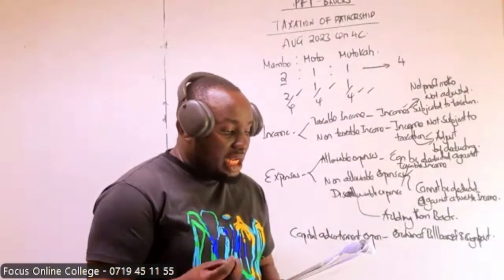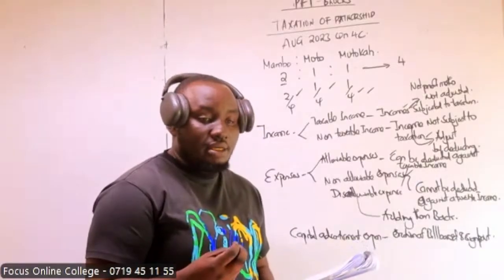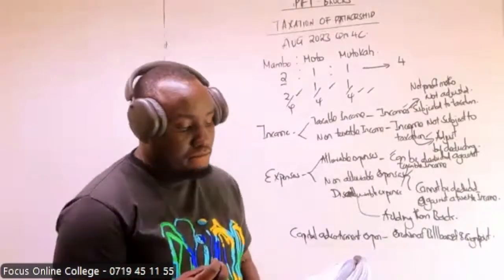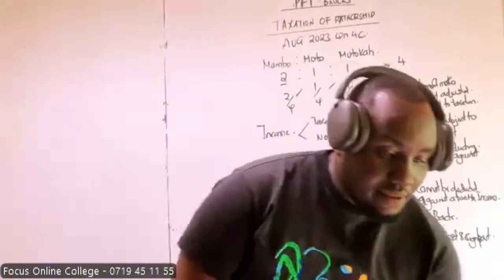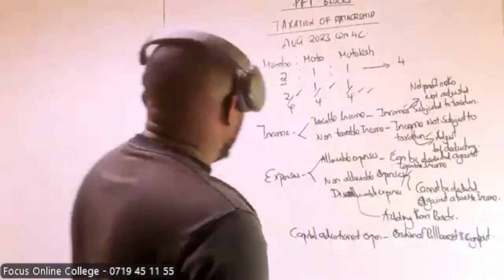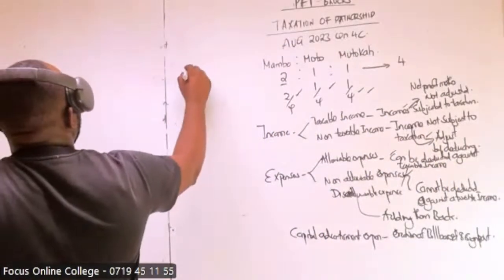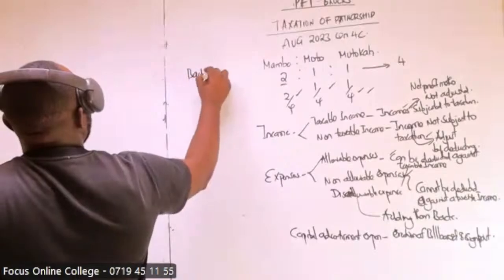So when we move to the next, we call bad debts. How would you go about bad debts? Remember, this is a block, so we just expand.